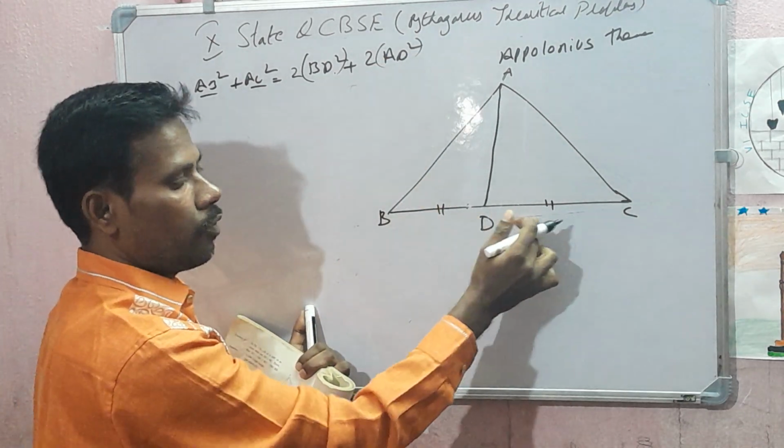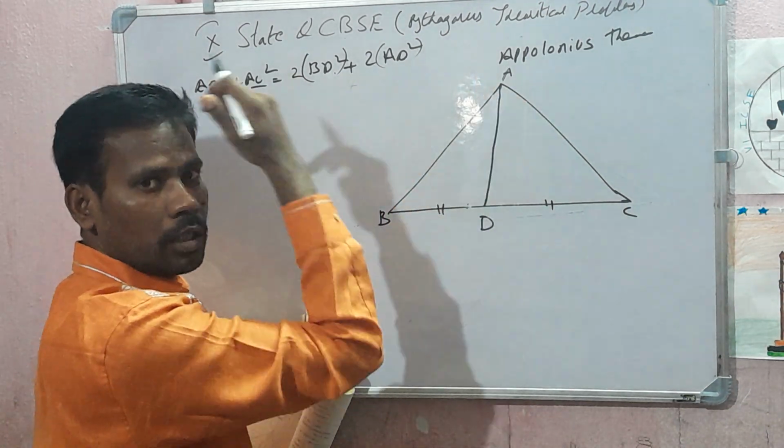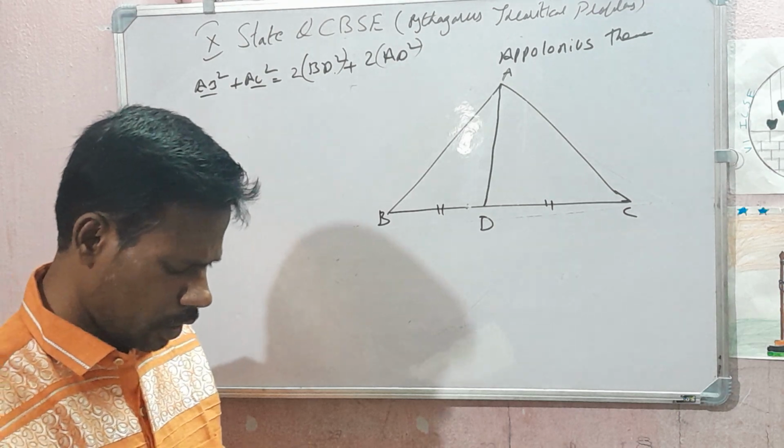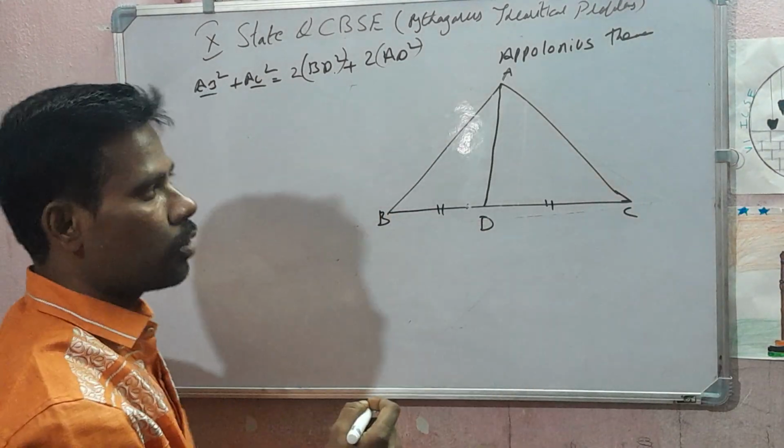Twice the square on half of the third side, plus twice the square on the median which bisects the third side. Very simple, this is called Apollonius theorem.